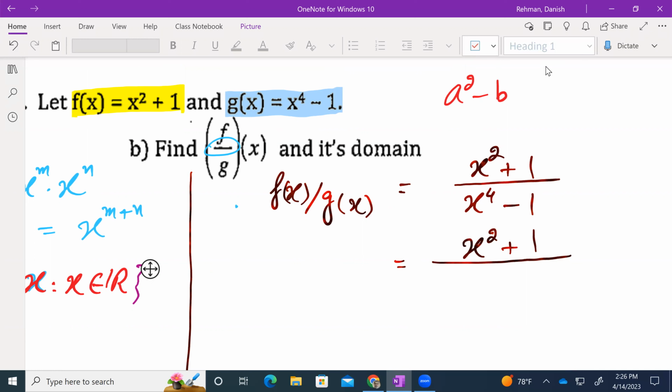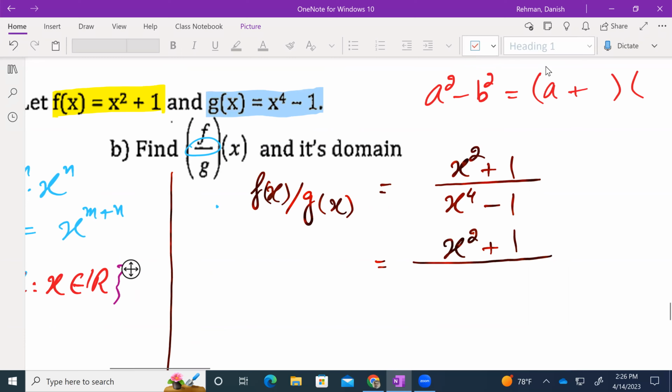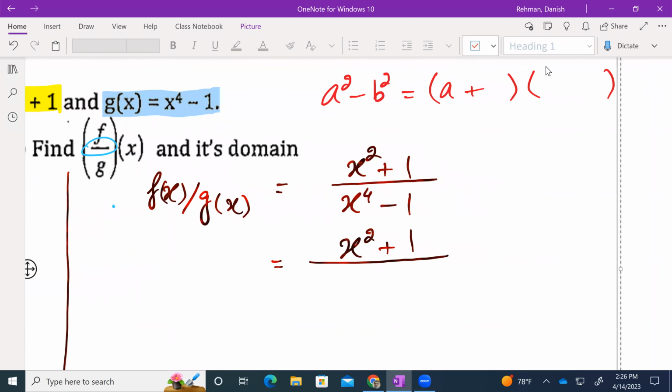The first of the factors is an addition, and the second of the factors is a subtraction of the same numbers. That's the rule. Addition and subtraction of the same numbers. That's what I will be writing here.